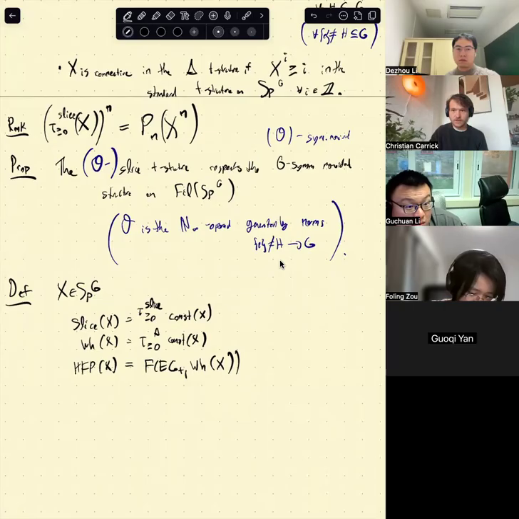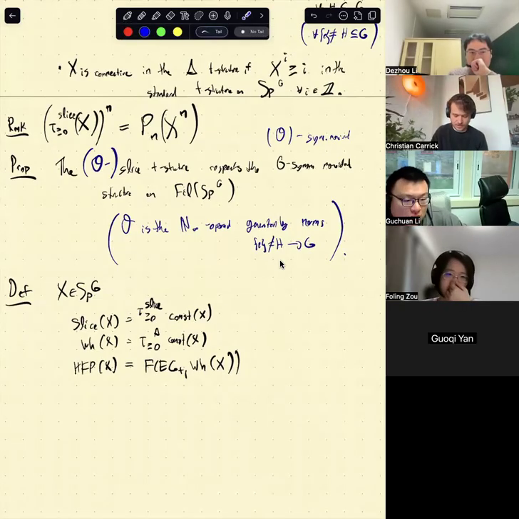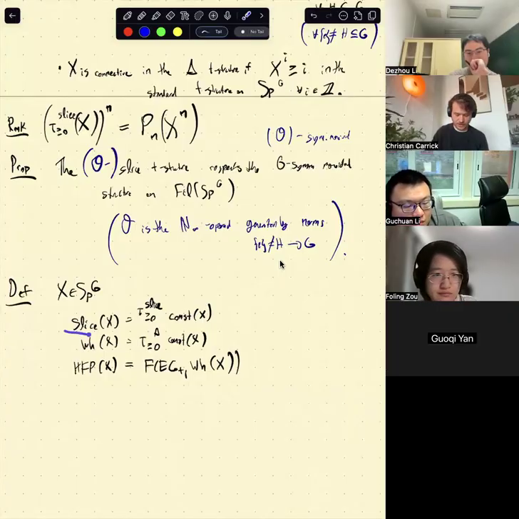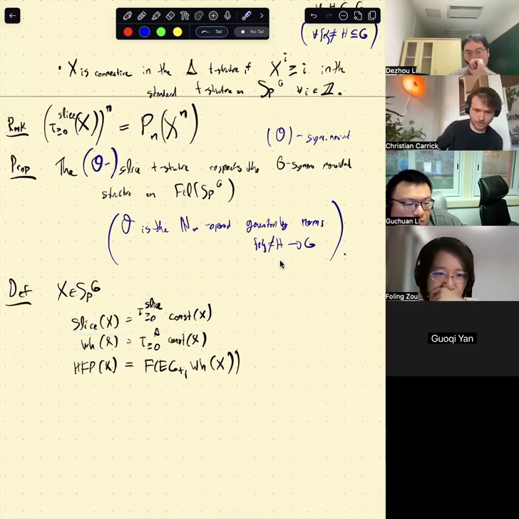The most useful aspect of this definition is that this functor associating a constant tower to a G spectrum is lax G symmetric monoidal. So that means that if X has an E infinity ring structure or a G E infinity ring structure, then so does slice X, because it's a composite of lax G symmetric monoidal functors.